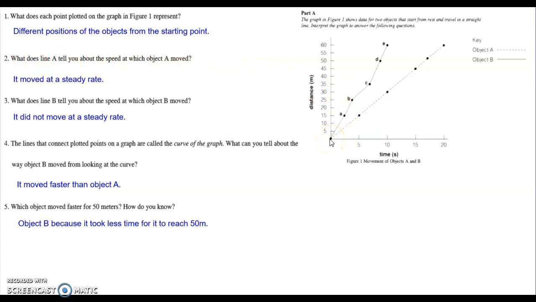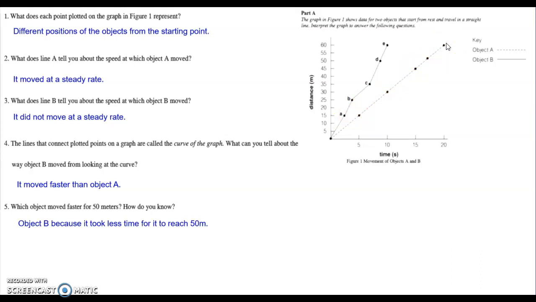One thing we have to notice here is object A is this broken line, and object B is this top line. That was one thing that kind of confused me just a little bit at first, since it had been a year since I went over this. So I thought I would mention that just in case you made the same mistake. And it says that object A moved at a steady rate. We can see that there weren't any big changes from the point that it started out.